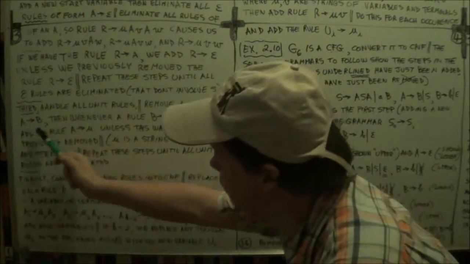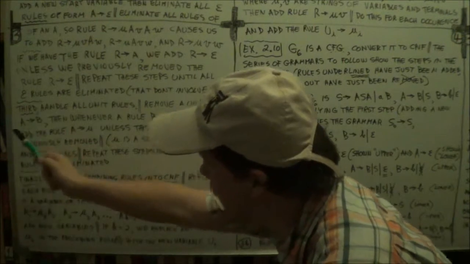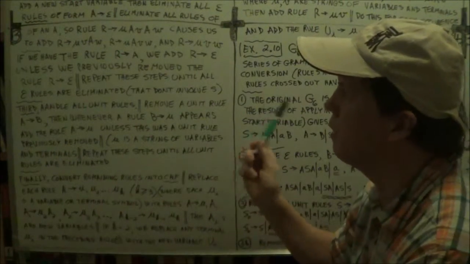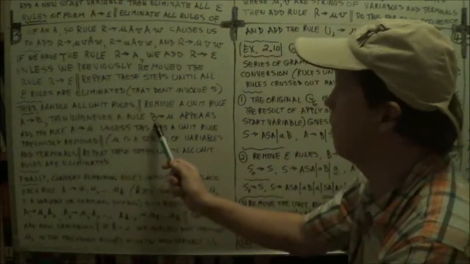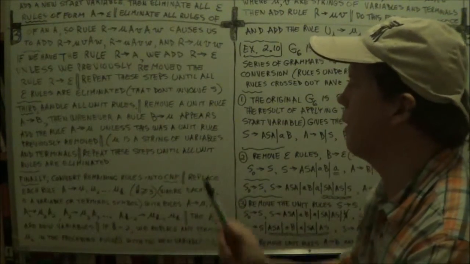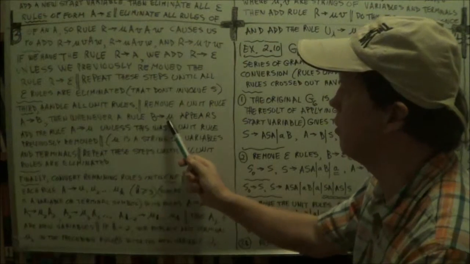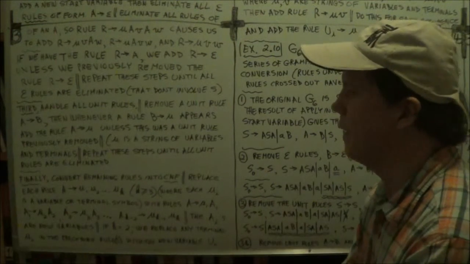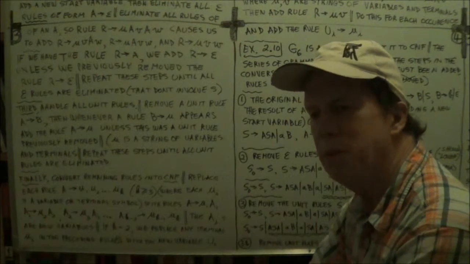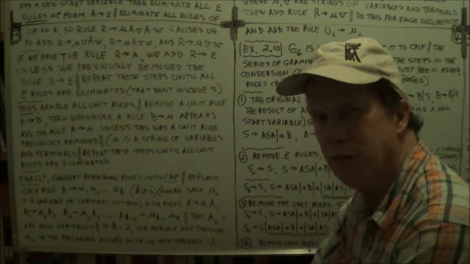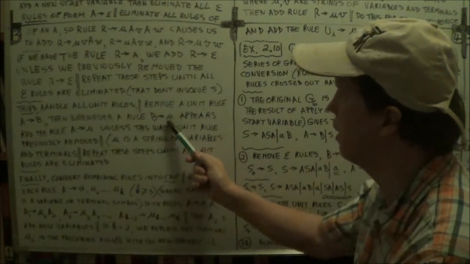So if you have a unit rule of this form here, just remove it, and then go looking in the right-hand side of the other rules to see if you can see a B of the form B arrow U. Now this U here, that's just a general string. It could typically be a mix of terminals and variables. Okay, so this is just another string.